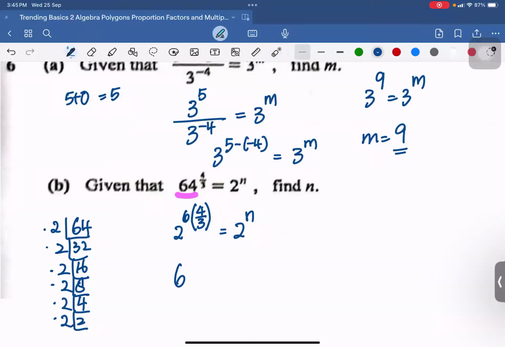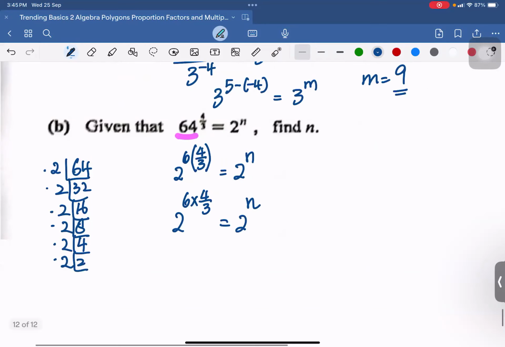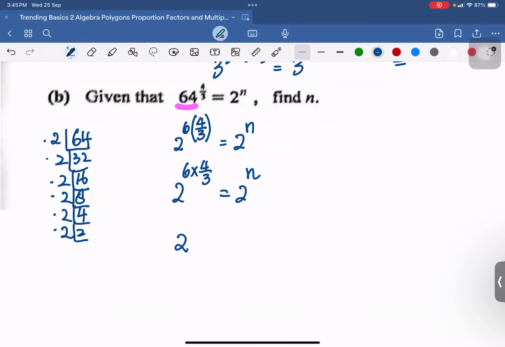So 2 to the power of 6 times 4 over 3. Anyone with your calculator, please calculate: 6 times 4 over 3 is how much? 8. Thank you, Zhishu. Therefore the answer becomes n equals the number 8.